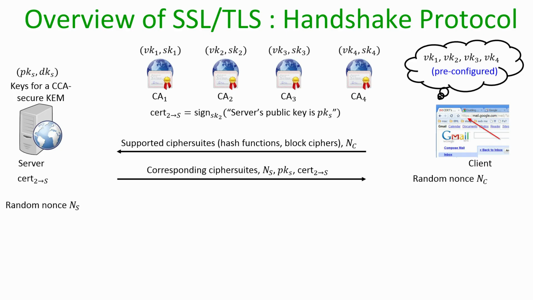In response, the server picks a random nonce and sends what cipher suites it supports, namely its version of hash function, its versions of block cipher, pseudo random generators, and so on, and along with that the server sends the public key of its key encapsulation mechanism.